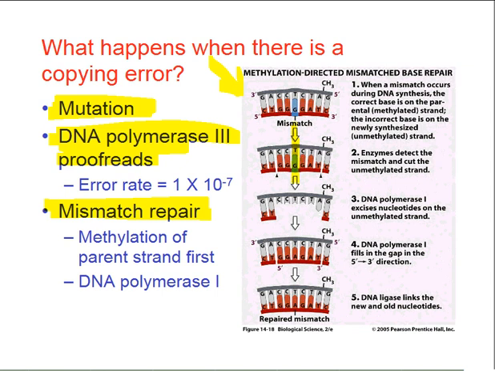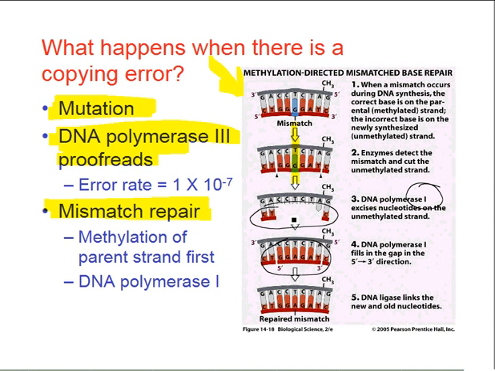T should pair with A and G should pair with C. So the DNA polymerase will see that mismatch and will have DNA polymerase 1 come in and chop out the segment that surrounds where that error was. So DNA polymerase 1 comes in and chops out the error region, and then DNA polymerase 1 also fills in the area with the correct sequence to make the repair, and that is called mismatch repair.